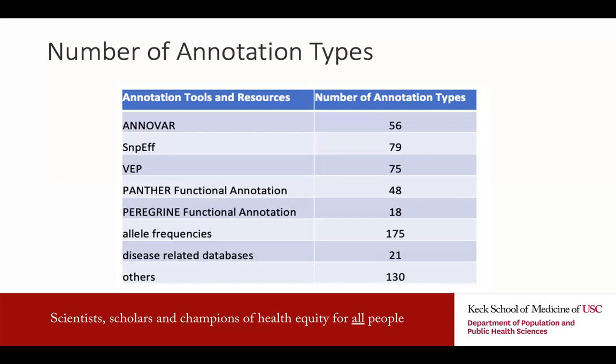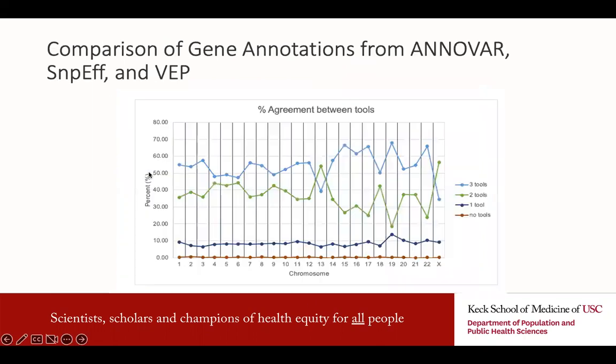This is actually a great place for us to do this kind of comparison, and also if we can get information, we can pass it along to our users so that they can make educated decisions on how to choose these different annotation tools. So we did a pilot study, just a very rough comparison. For example, we compared the annotated genes among these three tools: ANNOVAR, SnpEff, and VEP.